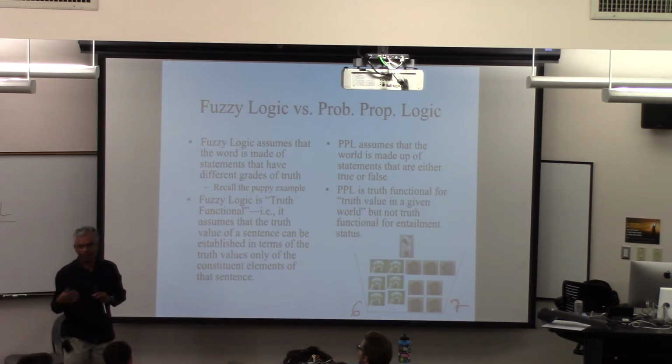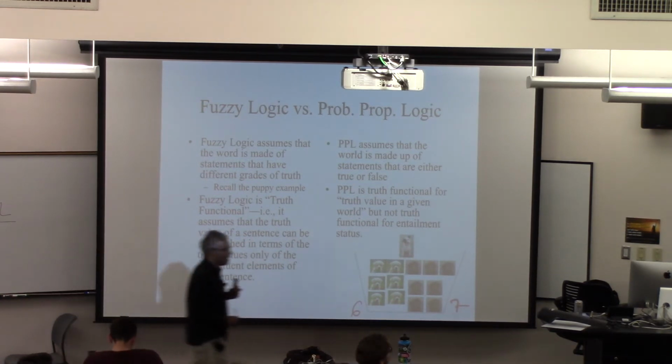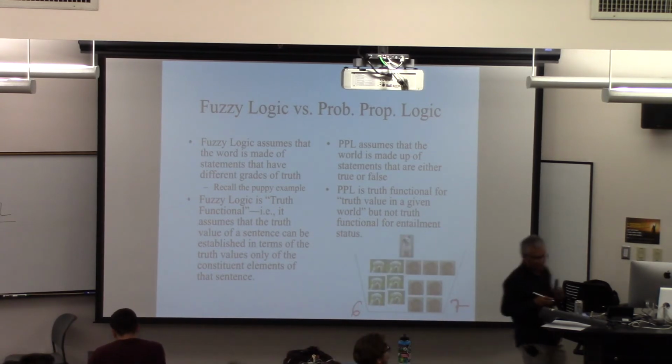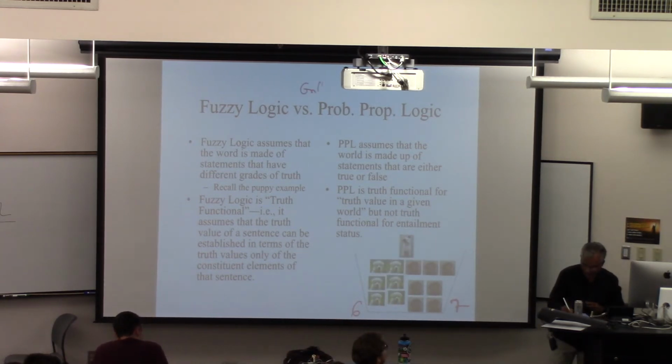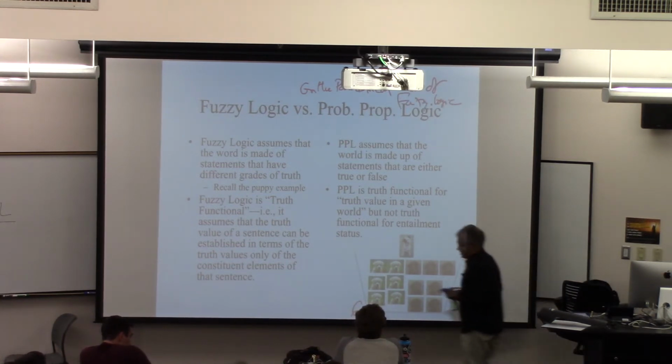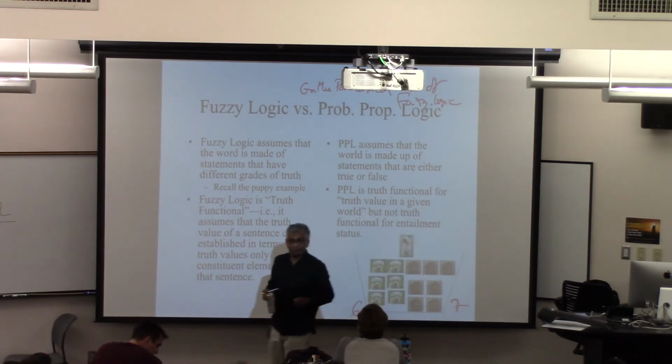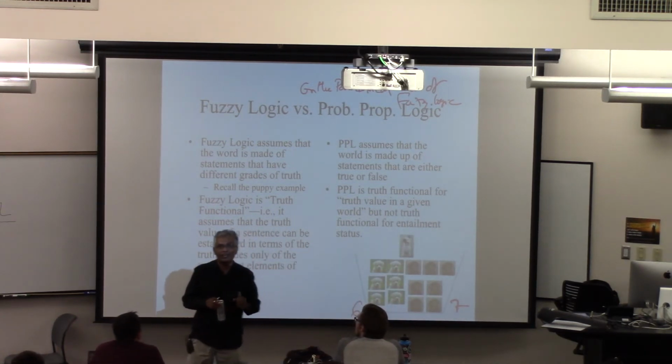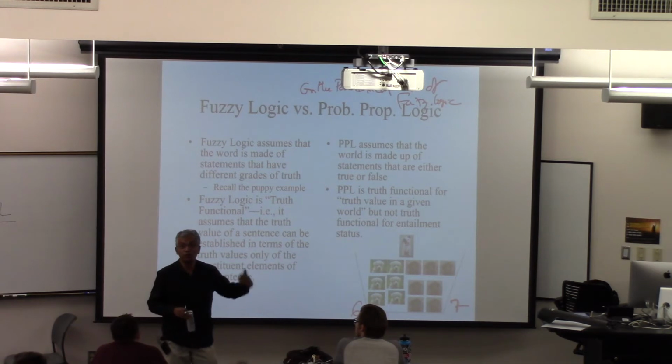You can't be bad. And in fact, there's a nice paper called the Paradoxical Success of Fuzzy Logic. It basically points out that the problems with fuzzy logic will start showing up when you do chains of reasoning.